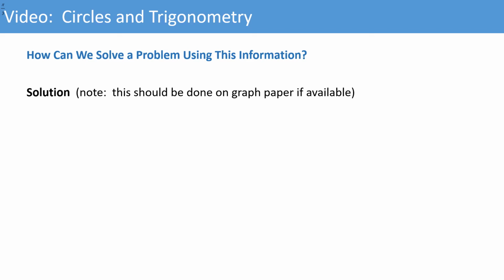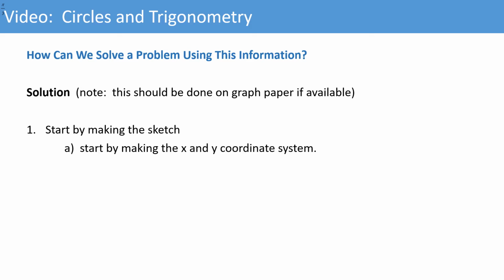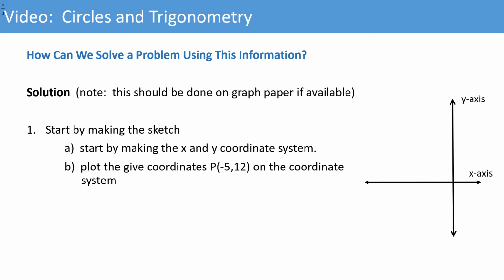We should do this on graph paper if you have it available. Start by making the sketch. Start by making the X and Y coordinate system. Plot the given coordinates P at -5, 12 on the coordinate system.